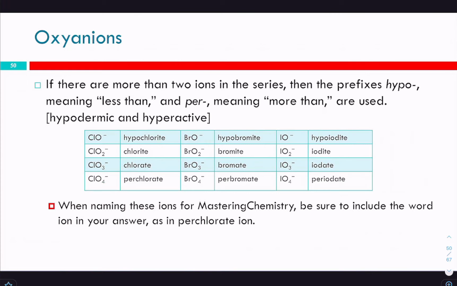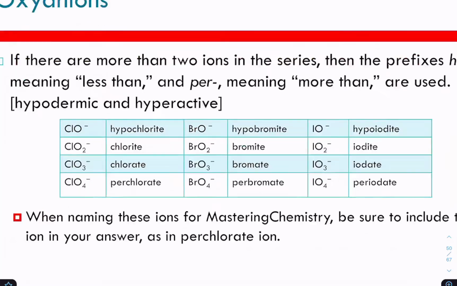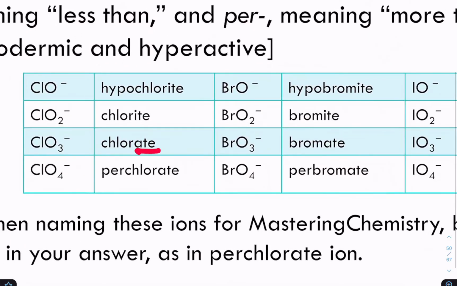So this is why I have you memorize the base forms as ATE. Adding per, which you can think of as like a shortened hyper, it's more. And then hypo is like, at least in medical terms, if you're hypoglycemic, you're low on blood sugar.